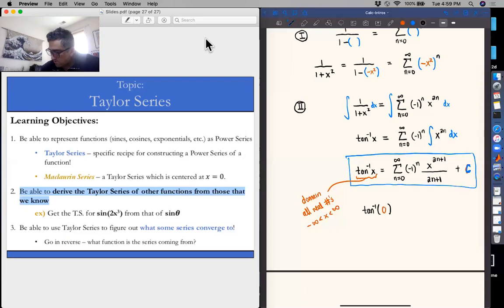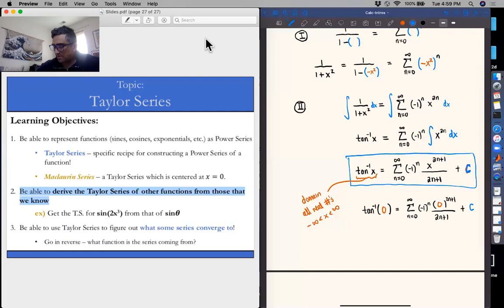I can just put 0 into that sum wherever there's an x. And what that's going to do for us is basically cancel out that entire series.